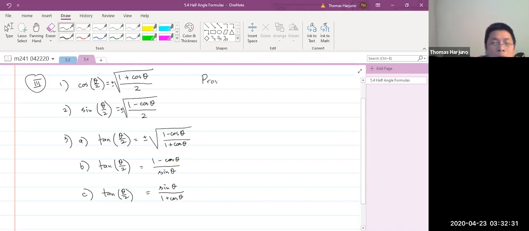Okay? Now, how about the proof? Proof. From power reduction formula, we have that cosine squared A equals 1 plus cosine 2A over 2.